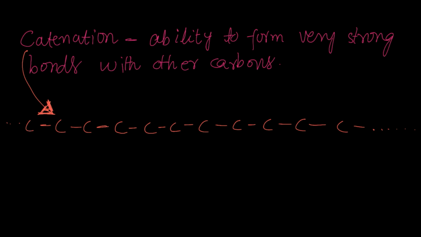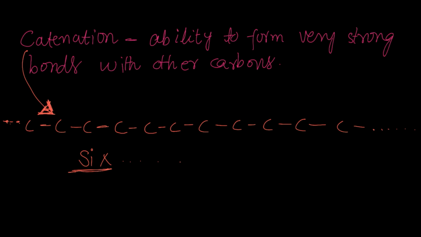And these molecules are very long chains of carbon. So we need such an element that can form four bonds. We cannot have silicon, because even though it can form four bonds, it doesn't show catenation. We can also not have any other group 4 element for this purpose. So that's why carbon is important.